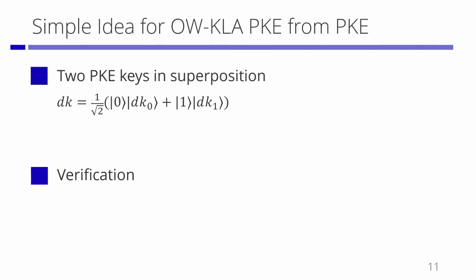The construction idea is very simple. We use two key pairs of standard public key encryption. The decryption key is a superposition of two decryption keys, DK0 and DK1. And the ciphertext consists of two ciphertexts of the same plaintext M under two different encryption keys, EK0 and EK1.